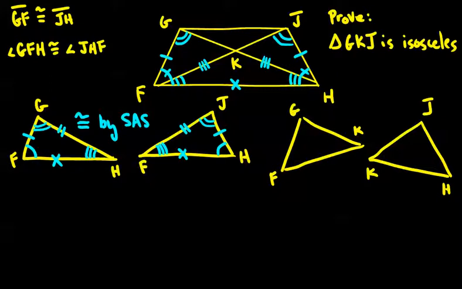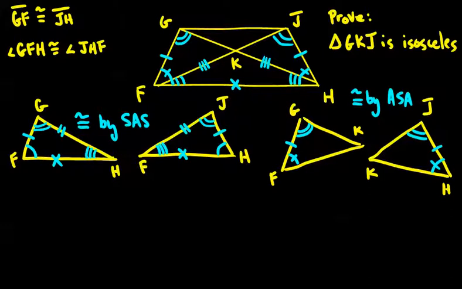We know that angle G in the smaller diagram is congruent to angle J. We know that angle F in these two separate diagrams is congruent to angle H. And we know that GF is congruent to JH. And that tells us that these two side triangles are congruent by angle side angle.